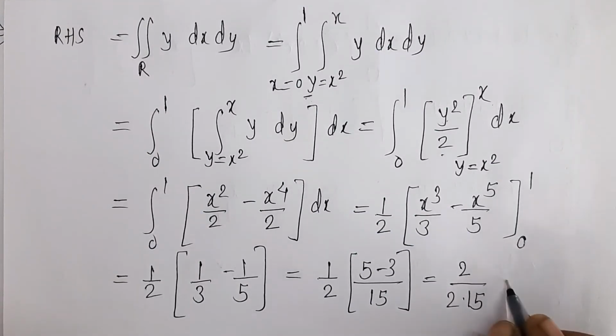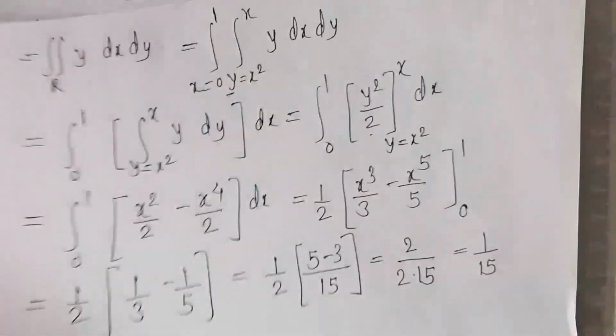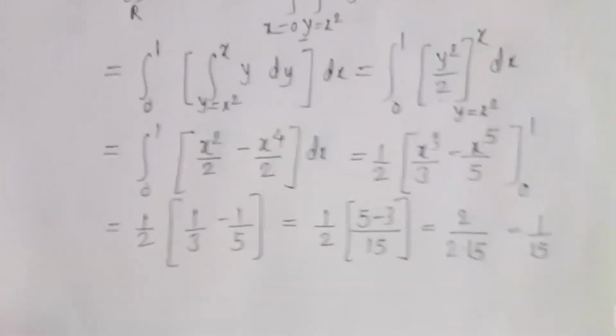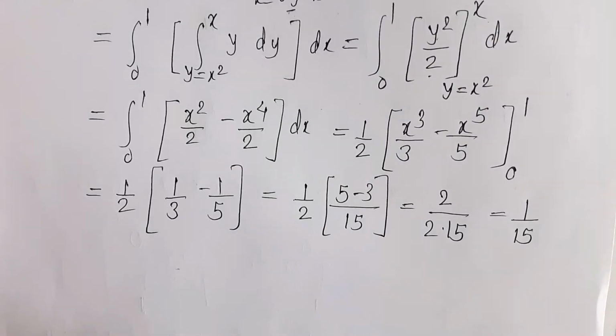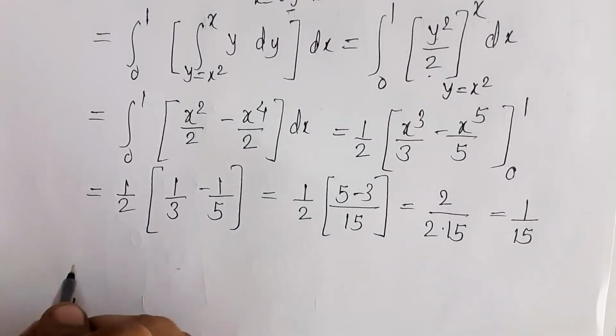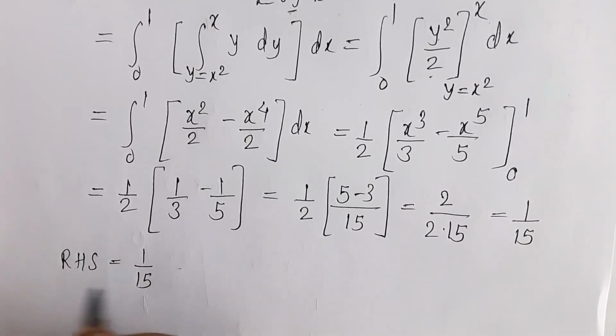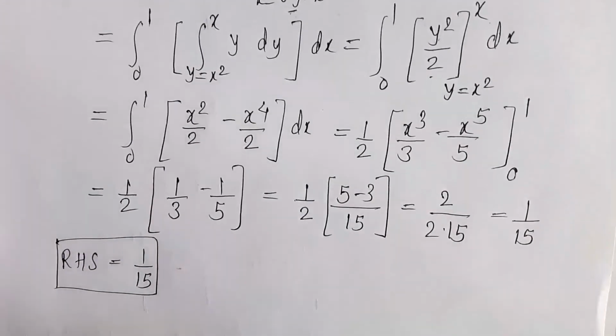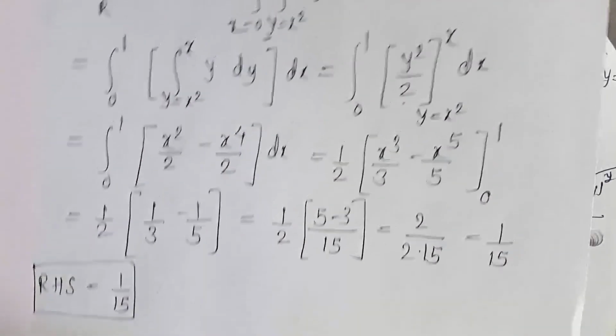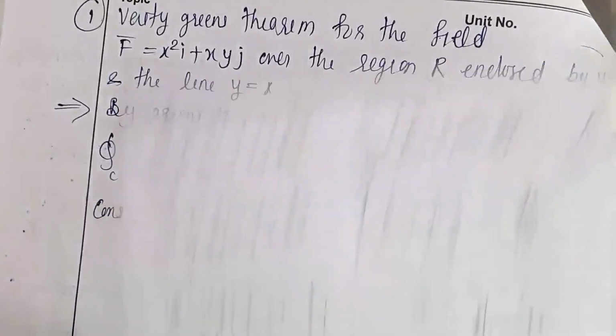So this is 1 by 15. So here we get RHS is equal to 1 by 15. Now our RHS is 1 by 15, so our LHS must be 1 by 15. Only then is this Green's theorem verified.